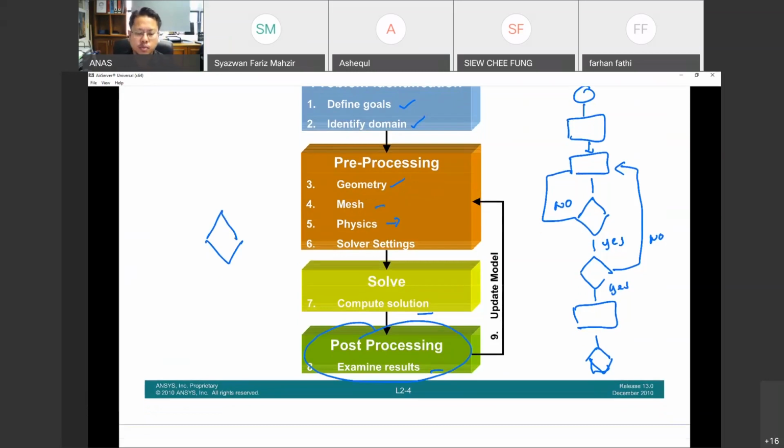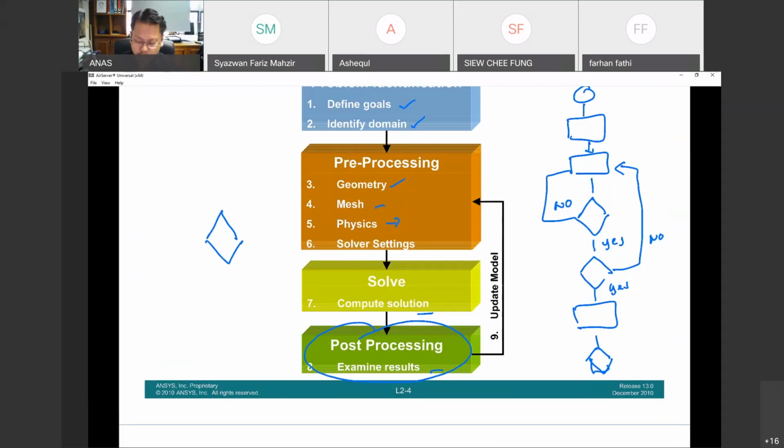You are not just going to run one simulation and be done. It is an iterative process, where you keep repeating until you get something you are satisfied with. How to know whether the result is good? Again, you need to verify with an analytical model or experimental results.